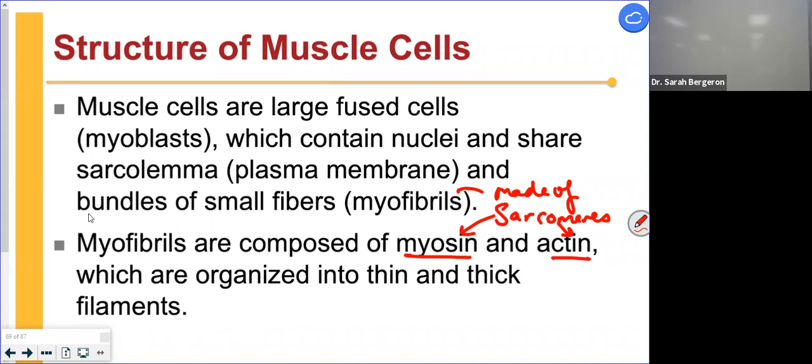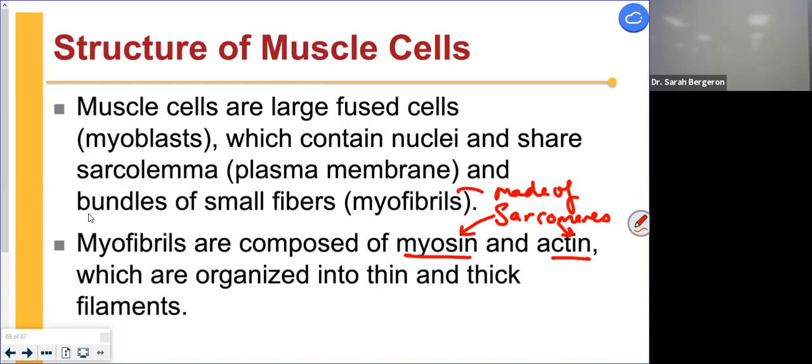It has a plasma membrane that sits on the outside of the cell. Inside of that cell, you can't really see it, it's too far away, but I've stuck a paper clip into it. So this little paper clip represents one myofibril.